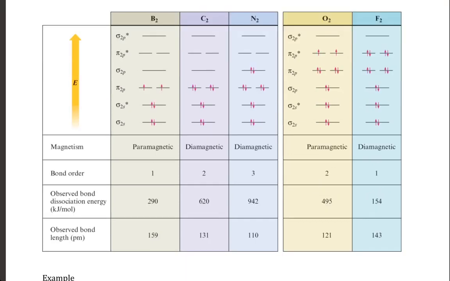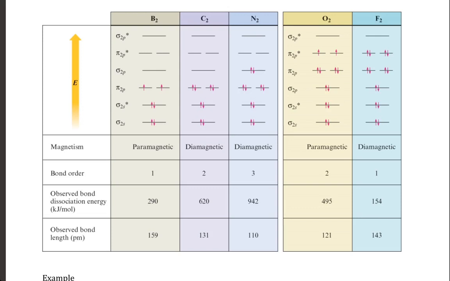So here are energy level diagrams for B2, C2, N2. Those three, their energy level diagrams look the same. Of course, the different numbers of electrons we put in depending on how many the molecule has. For O2 and F2, those are the original energy level diagrams. So notice the difference. The one goes sigma 2s, sigma 2s star, pi 2p, sigma 2p, pi 2p star, sigma 2p star.